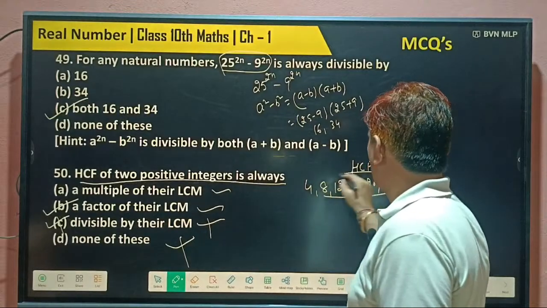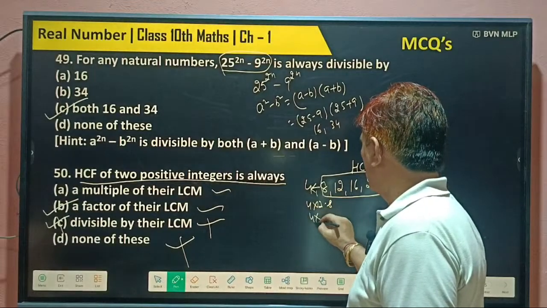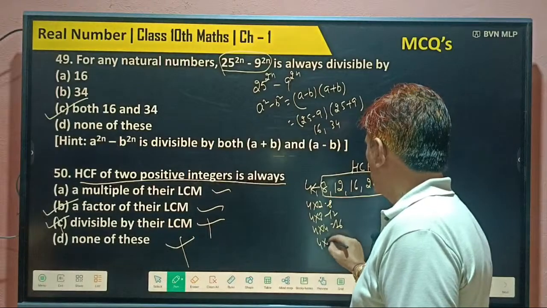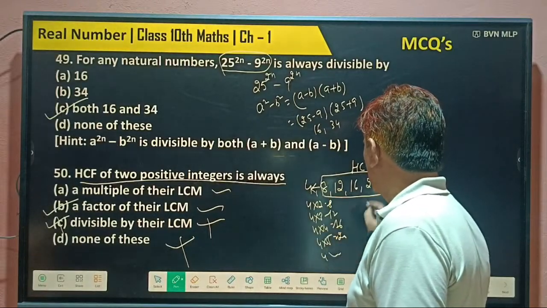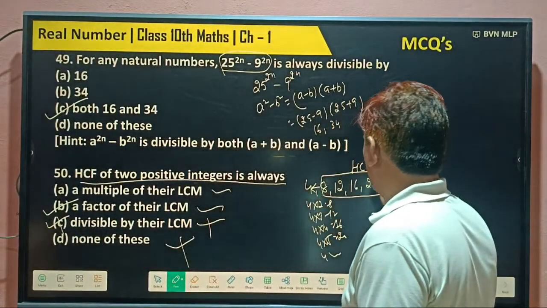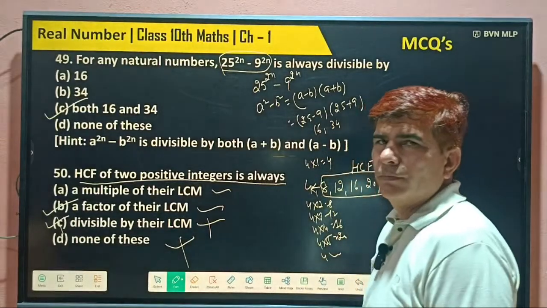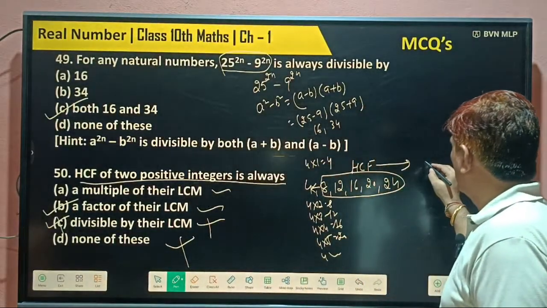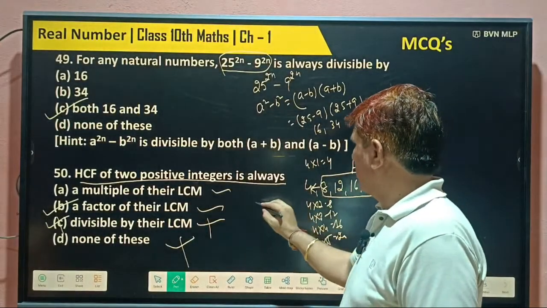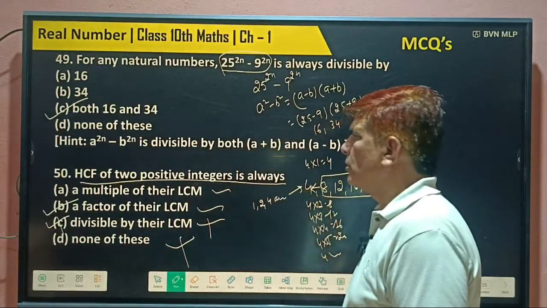All these are multiples of 4. 4 into 2, 8. 4 into 3, 12. 4 into 4, 16. 4 into 5, 20. 4 into 6, 24. So all these are multiples of 4, and 4 is also a multiple of 4. So if a number is less, what can we say? Factor: 1, 2 and 4 are the factors of this 4.